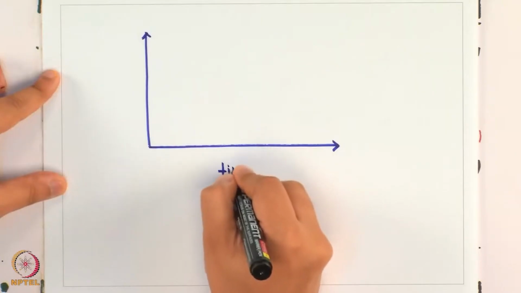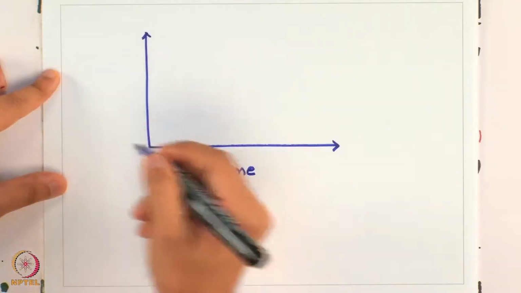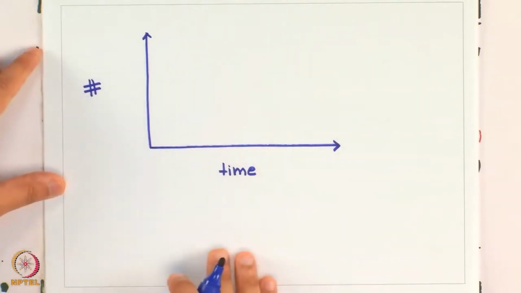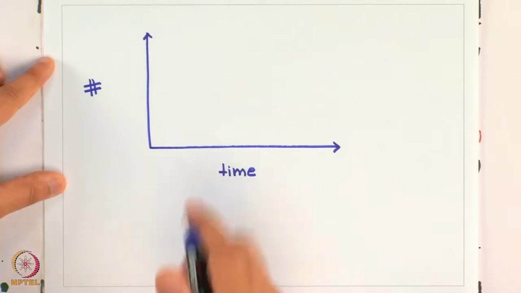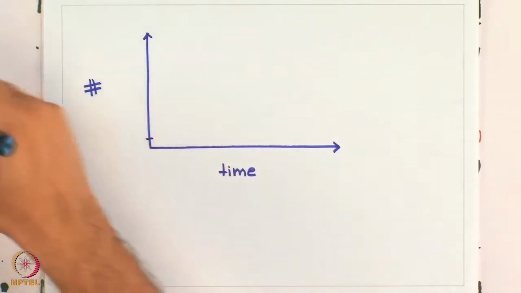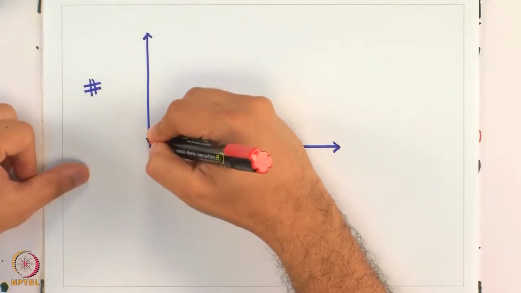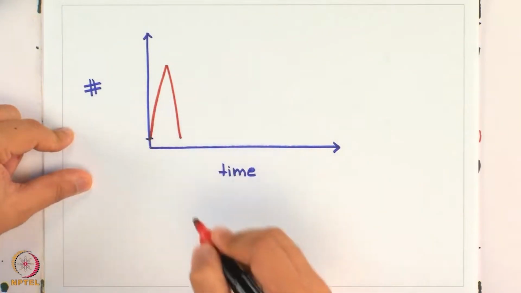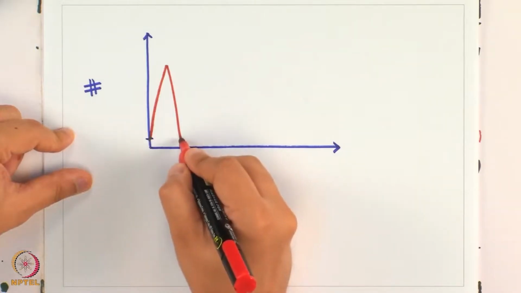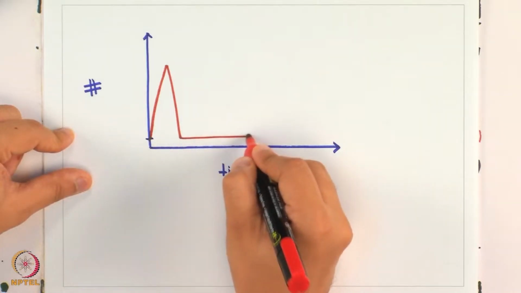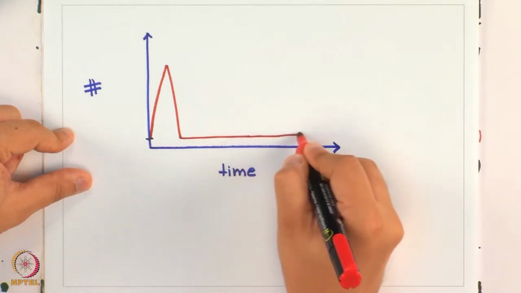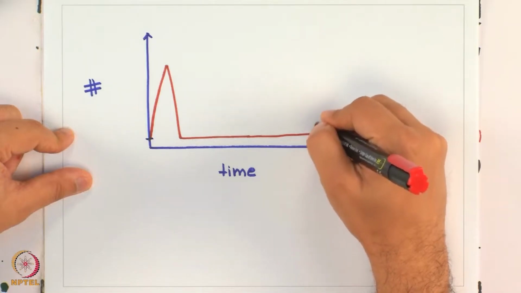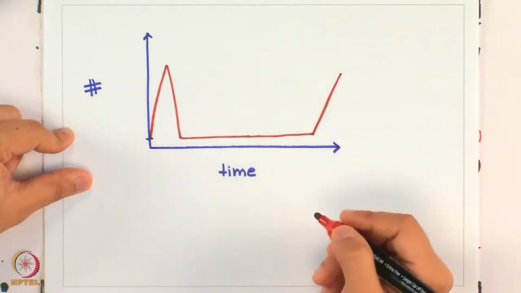This is time, and we want to plot numbers of CD4 cells and the number of virus particles. Upon infection, the virus particles increase and they are rapidly brought down by the immune system, and there is a very long asymptomatic phase where the virus particles do not increase very much, and eventually you would have a large increase in virus particles take place.